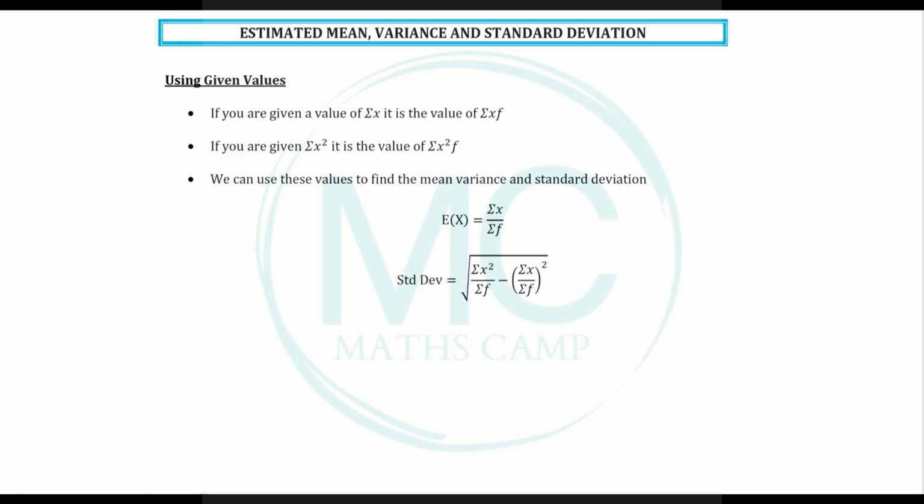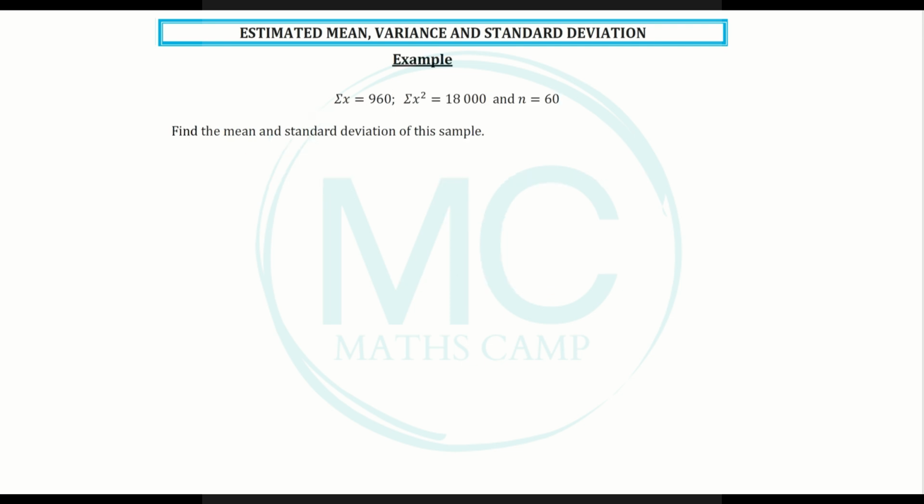Let's look at an example. Find the mean and standard deviation of the sample, and we've been given three values: sigma x, sigma x squared, and n, which is our total frequency. Let's start with the mean. I can say that the mean is equal to sigma x over the total frequency, which in this case is n.